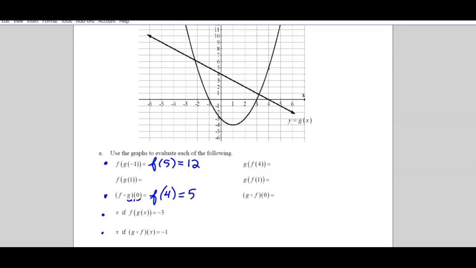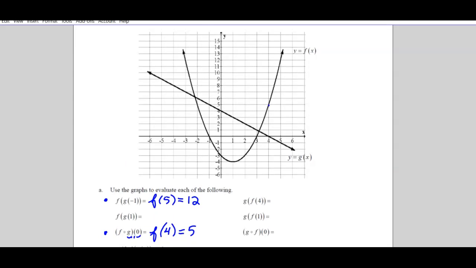Okay? This one is working back. Now you're asked to find x if the composition of f of g equals -3. So it's like undoing an equation, solving for x. This is saying f of something gives me -3. I need to look on the f graph for when f is equal to -3. There and there.